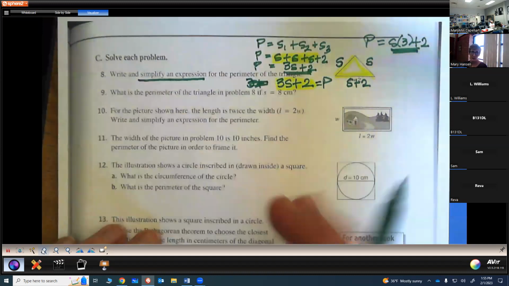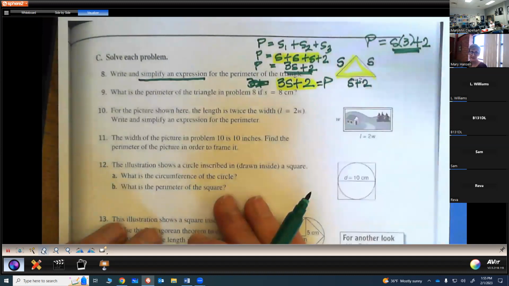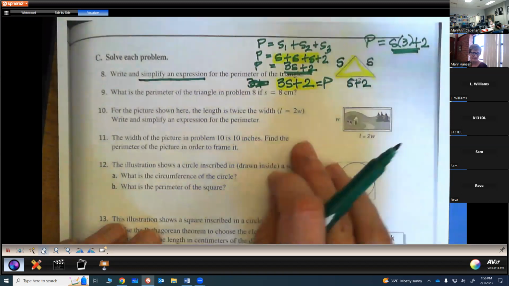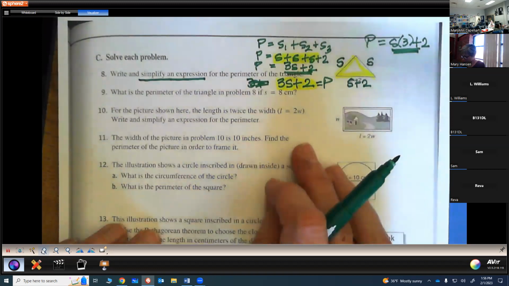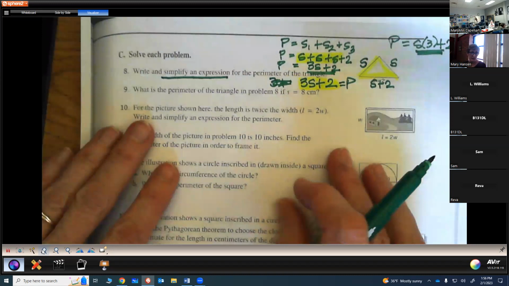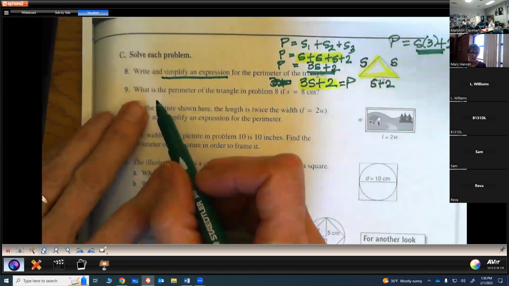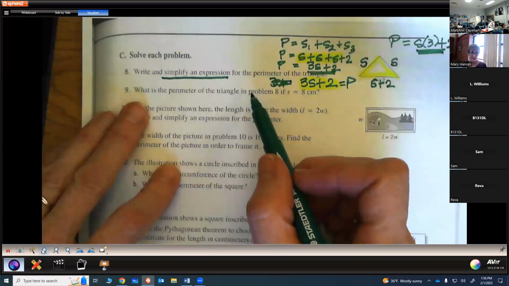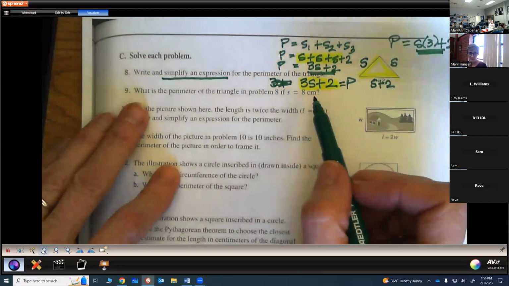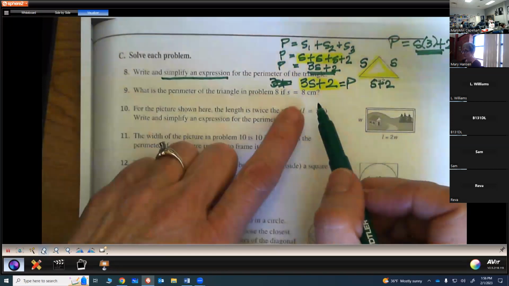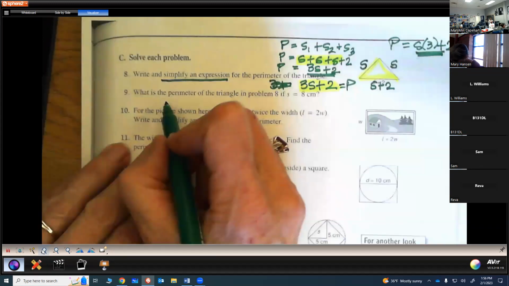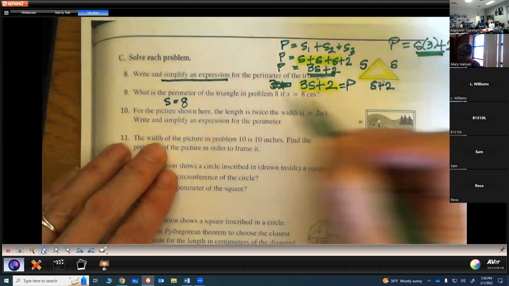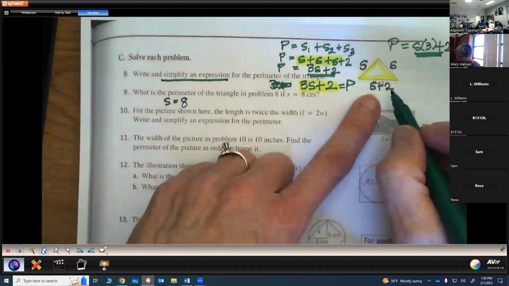All right, questions about that? If we look then at number 9, it says, what is the perimeter of the triangle in problem 8 if S is 8? There's a couple ways you can do that. You can go back to our picture.